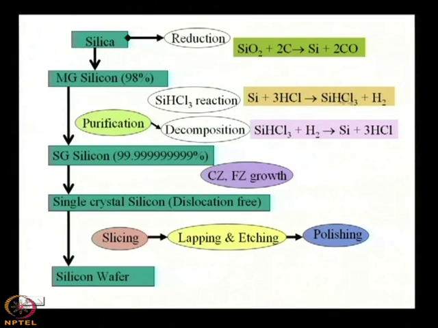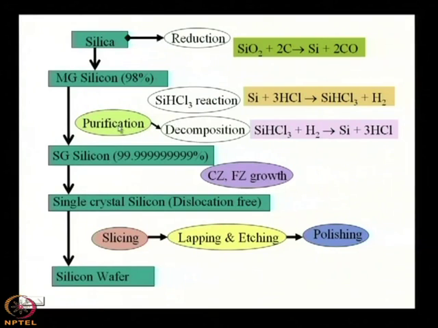So, this trichlorosilane, as I informed you, this reaction occurs at 300 degree centigrade, not very high temperature is required, but this trichlorosilane is a liquid at room temperature, because its melting point is 31.8 degree centigrade, and this trichlorosilane can be successively distilled. By fractional distillation of this liquid, you can purify.